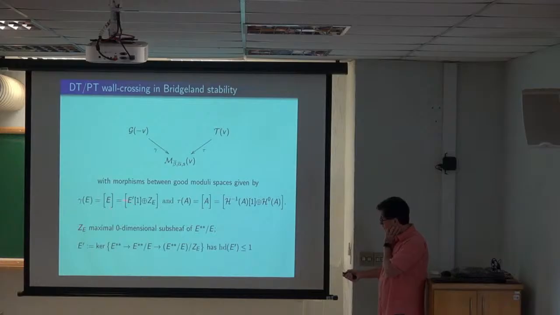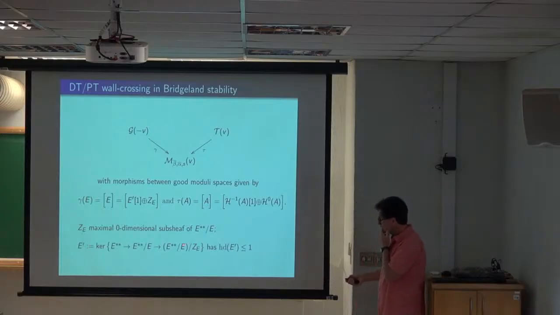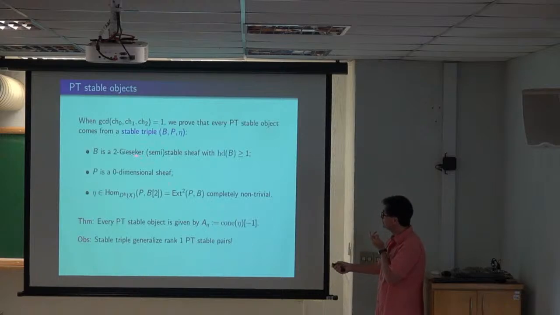So this gamma map here takes a sheaf and sends it to this object in the derived category, where Z_E is the maximal zero-dimensional subsheaf of the double dual divided by E, so it's some zero-dimensional sheaf. And E' is some other sheaf that you construct in this way that has these two properties.